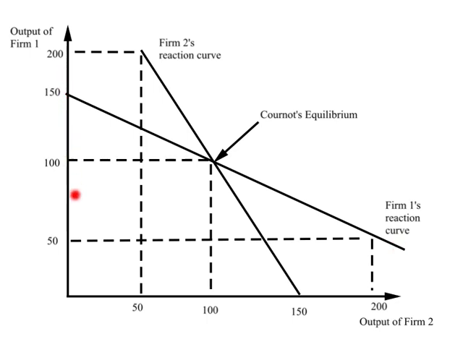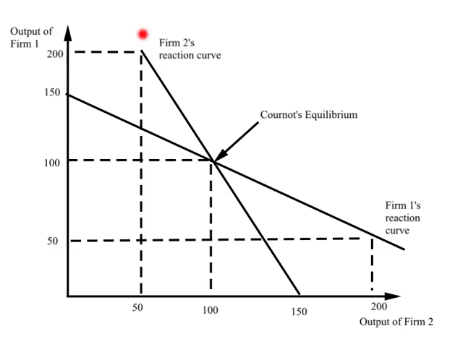When firm 1 believes firm 2 will produce nothing, in such a case firm 1 will produce 150 units of output. When firm 1 believes that firm 2 will produce 100 units of output, in such a case the best output for firm 1 is 100 units. And then the last possibility, when firm 1 believes firm 2 will produce 200 units of output, in such a case firm 1 will produce 50 units of output.